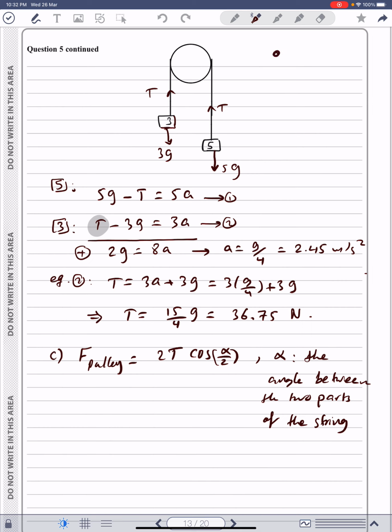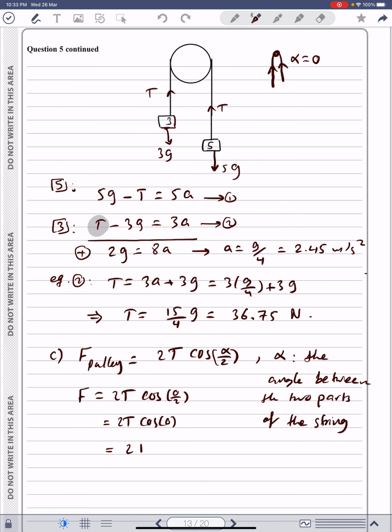This is the pulley, let's make it small. This is the direction, this is here the direction. Alpha in this question is 0. So simply in this question, force on the pulley, which he named F, is 2T cosine 0, which is 1.